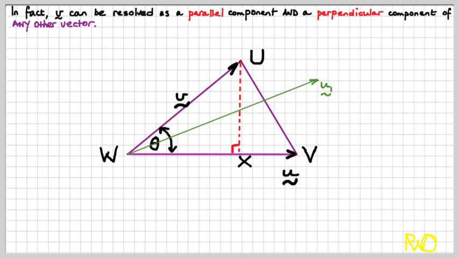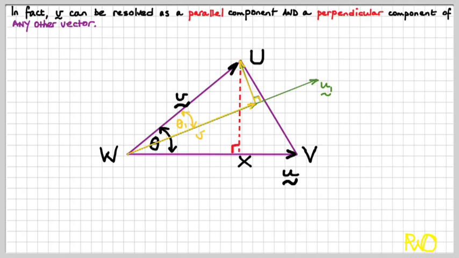Now all you've got to do, guys, to work out what those resolutes are, is basically just draw a line through the point where the head of the arrow of vector v is, but perpendicular to that green line, and then you've got the point of intersection down here somewhere. That point of intersection is going to be the point where the parallel resolute joins the perpendicular resolute. So I'll show you anyway. There it goes.